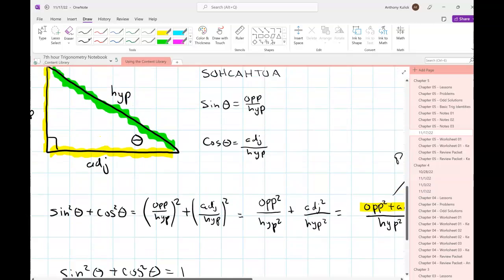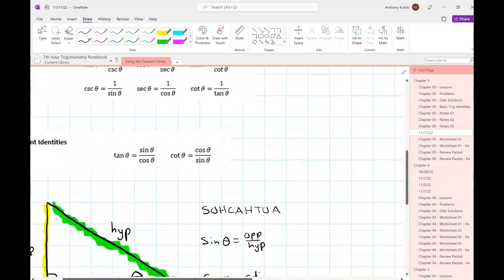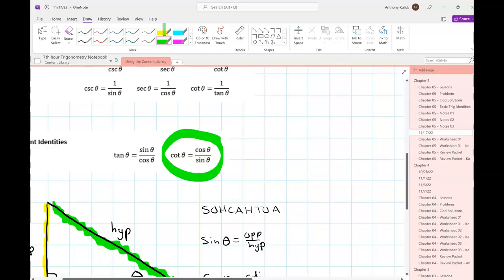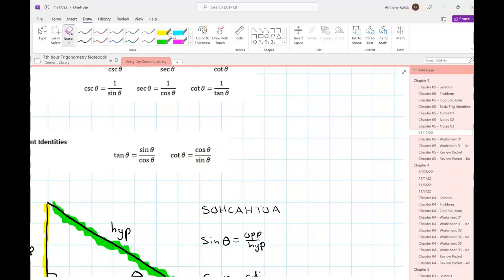So if we go back, if we look at our identities, remember that cotangent is cosine theta over sine theta, right? Everybody's cool with that? So what is cosine squared theta over sine squared theta going to be? Absolutely, cotangent squared. Very good.